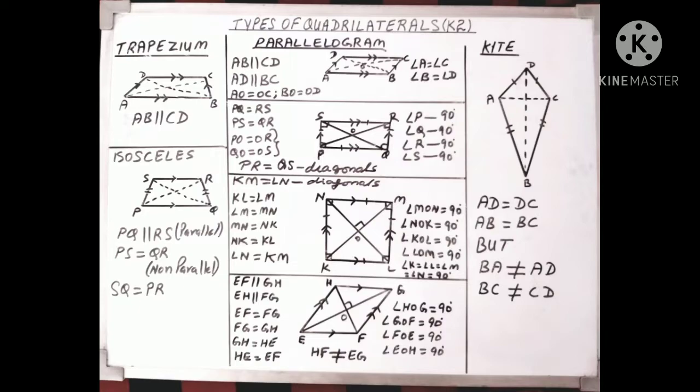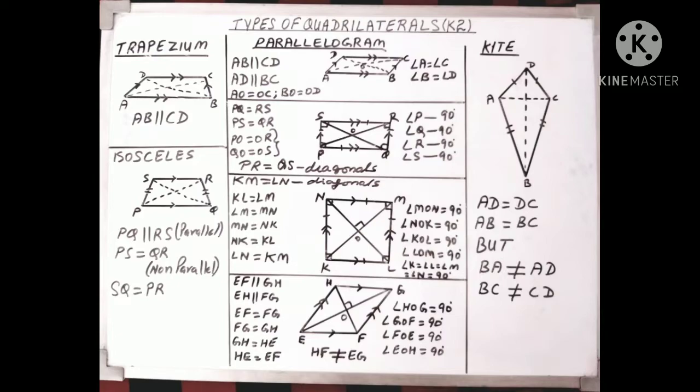In this figure we have EF is parallel to GH, EH is parallel to FG, EF is equal to FG, FG is equal to GH, GH is equal to HE, and HE is equal to EF. But if we see the diagonals, HF is not equal to EG. This is very important, right?